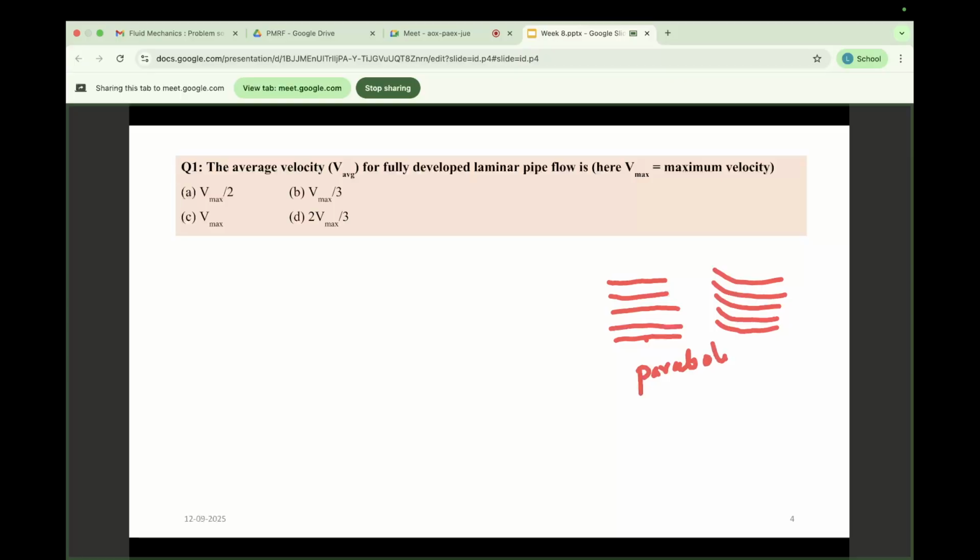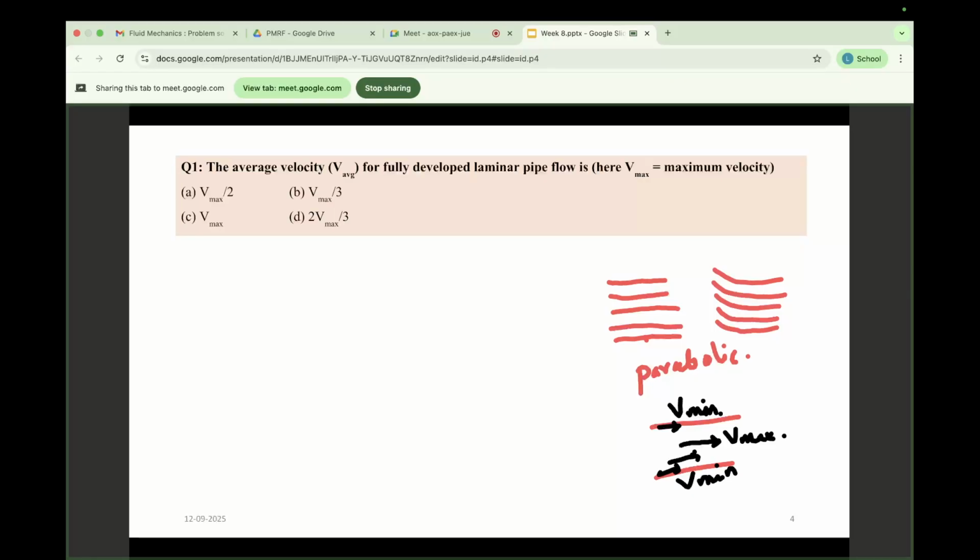Velocity profile parabolic, what does that mean? Say this is a pipe, right? Velocity profile is parabolic means the velocity is maximum at the center, whereas it is minimum or zero at the wall. If it is a no slip condition, then the velocity at the wall is zero.